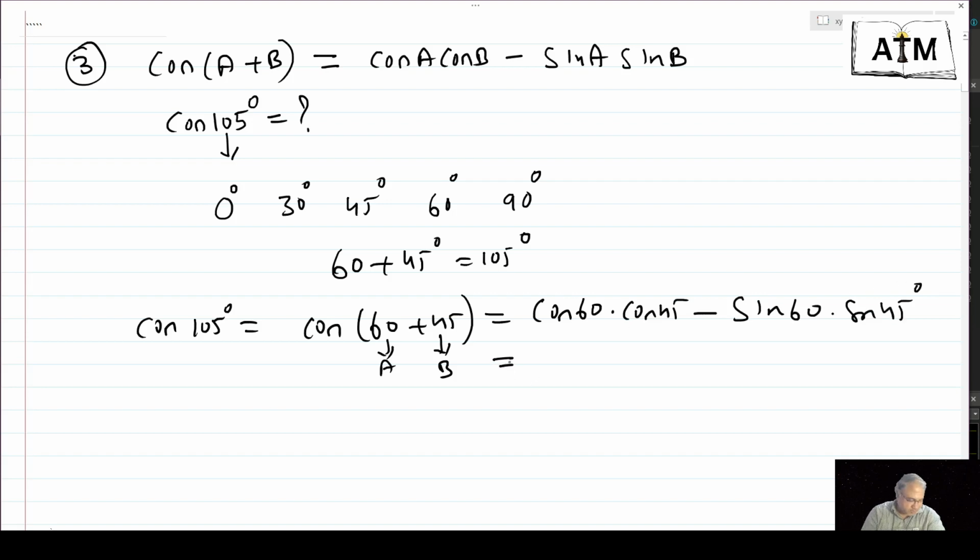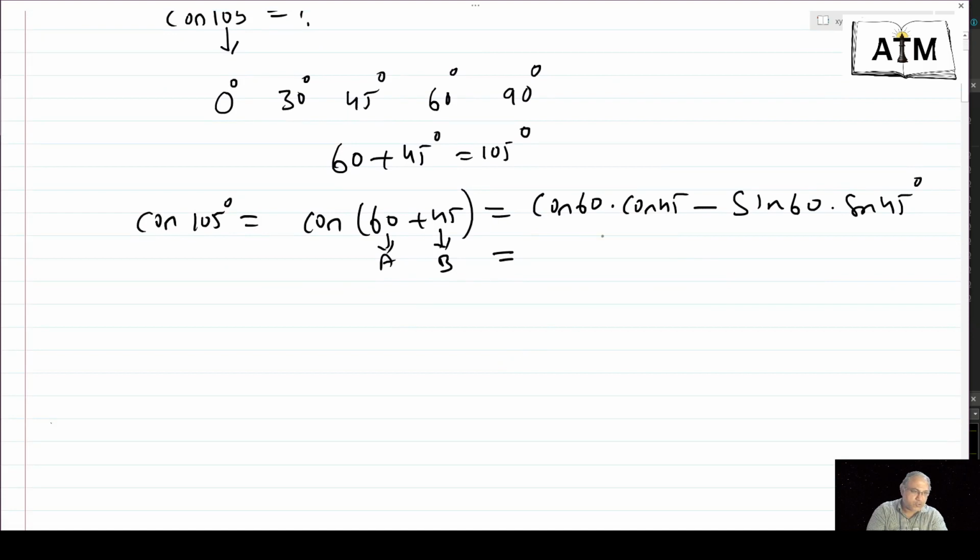And after that, you write down the values of these trigonometric ratios for the respective angles: cos 60 is 1 by 2, cos 45 is 1 upon root 2, sin 60 is root 3 by 2, and sin 45 equals 1 upon root 2.